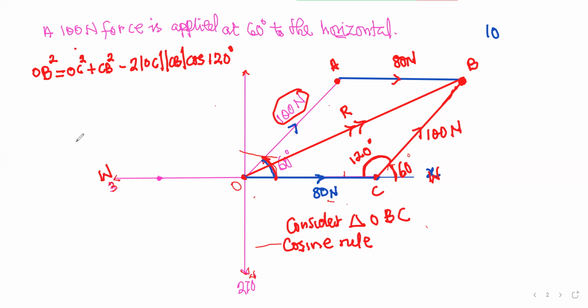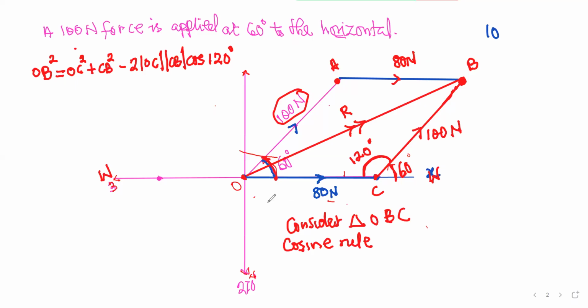Sir, please, a question. Okay, go ahead. Sir, if angle BOC is 60 degrees and angle BC is 120 degrees, then how can we find angle OB? Hold on, please. Let me finish answering the question, then we continue.